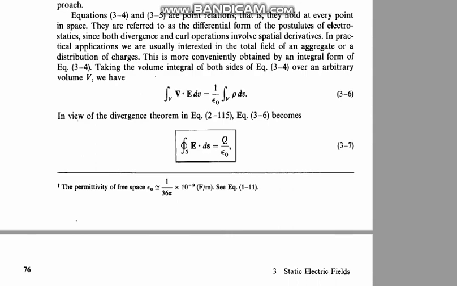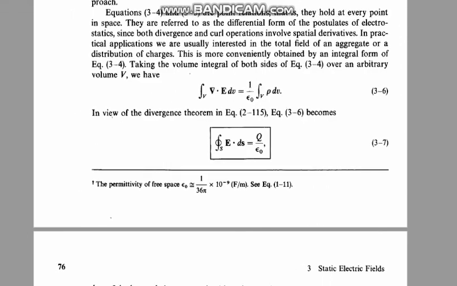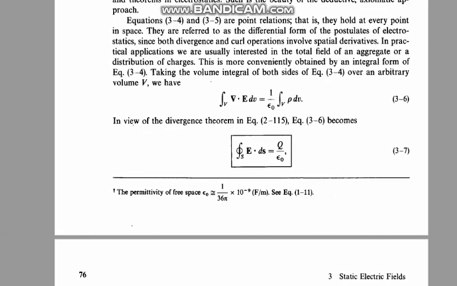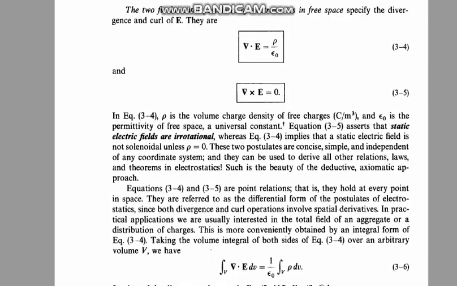As we know, del dot E equals rho divided by epsilon naught. If we take the volume integral on both sides of that equation, we can prove Gauss's law. That is the proof of Gauss's law through the equation of electric field intensity.